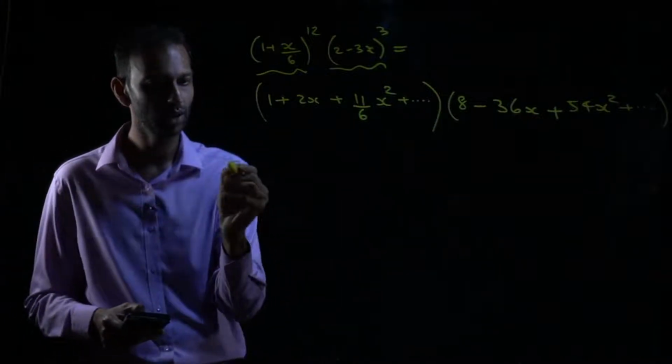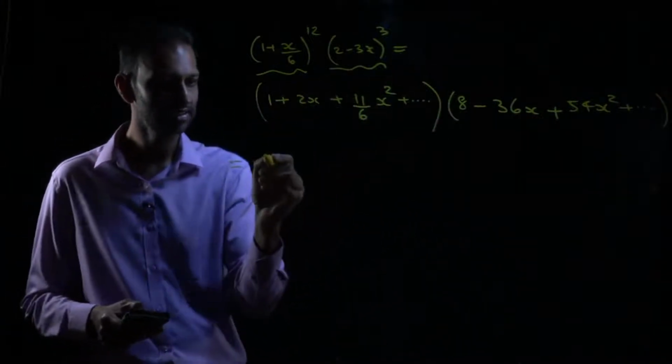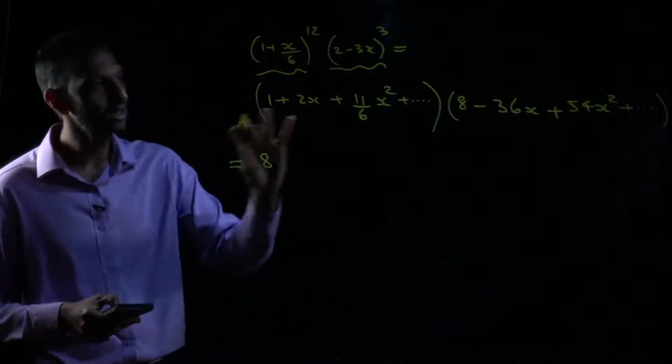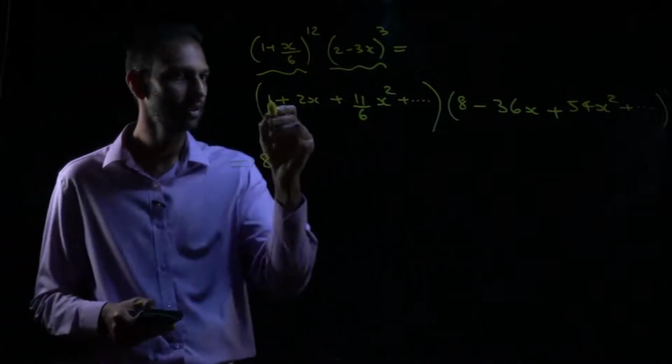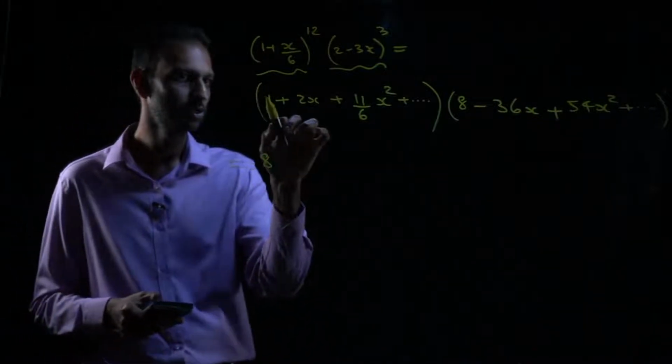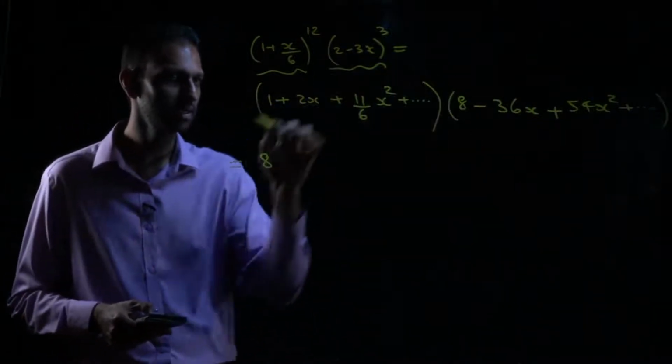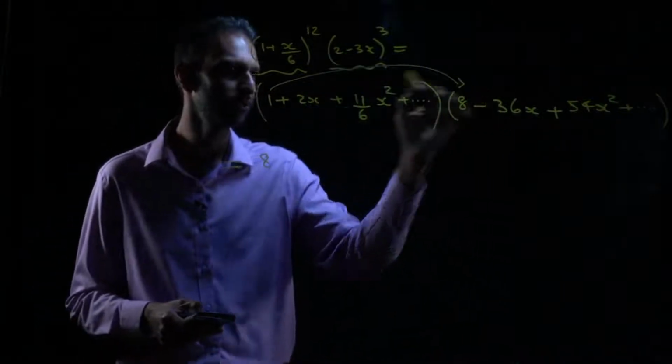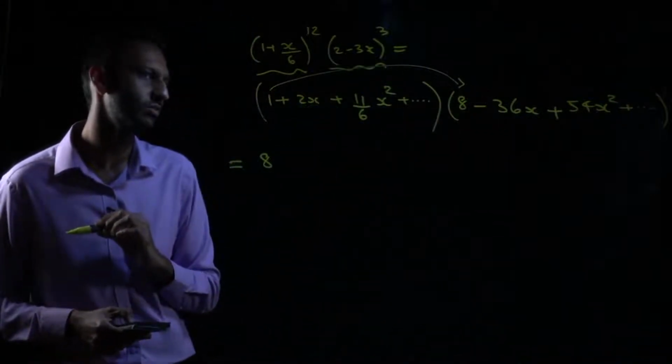Now, 1 times 8 is 8, and that's the only constant term which we can see. Now we need to look for the term in x. So we have 1 times 8, which is 8. I can draw the first arrow, but I will not draw for the others, otherwise it will be too confusing.